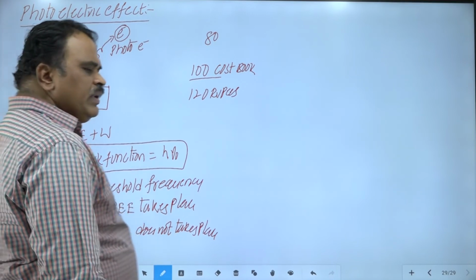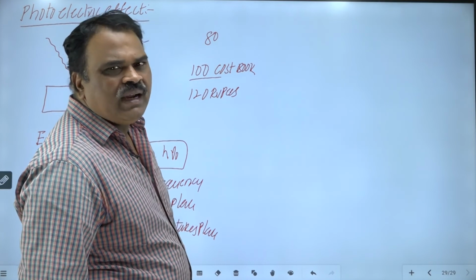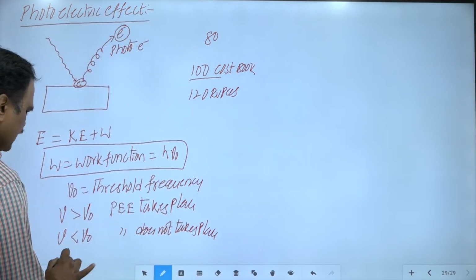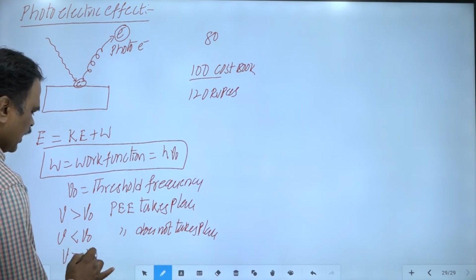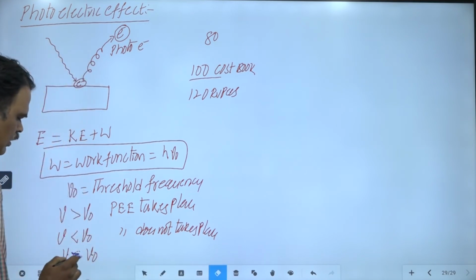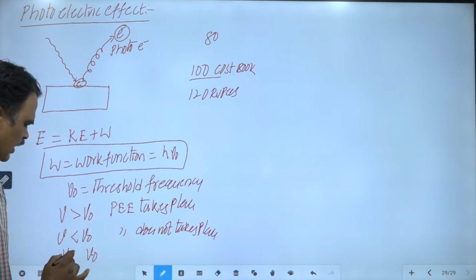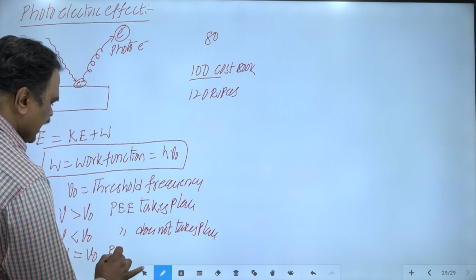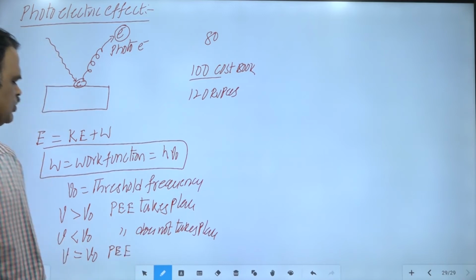Then we can buy the book with zero kinetic energy. That means if nu is equal to nu naught, photoelectric effect takes place with zero kinetic energy.